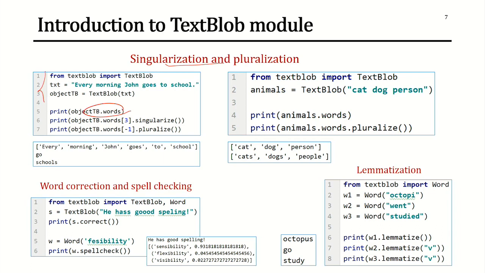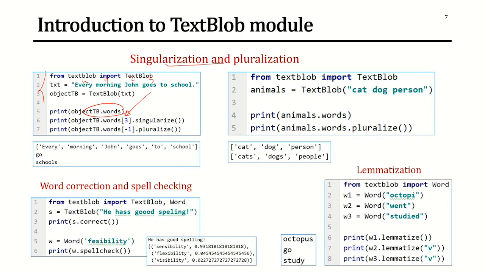And if we want to find the singular or plural of a particular word, we need to access the word from this word list. Suppose that I take the fourth word in the sentence, because the index is counted from 0. So 0, 1, 2, 3 here. So the word is goes.